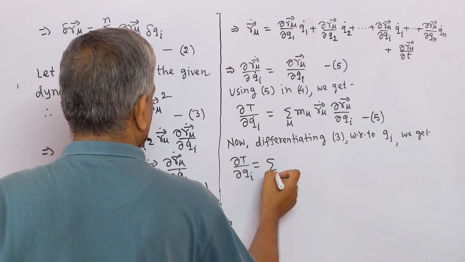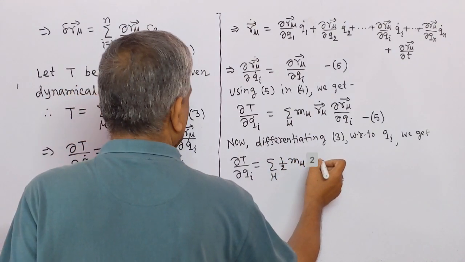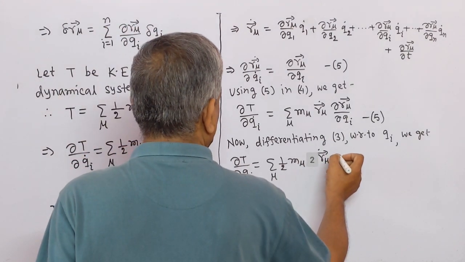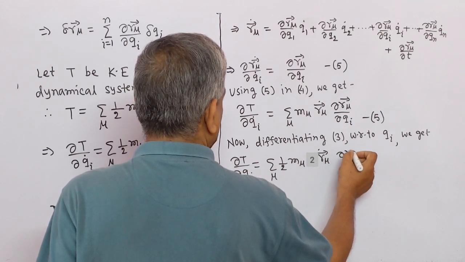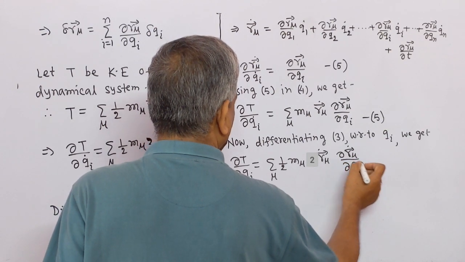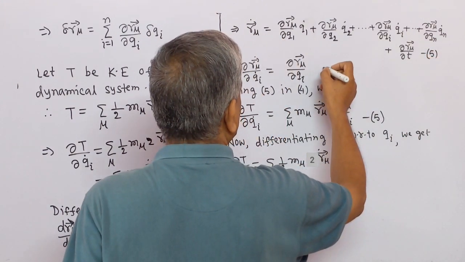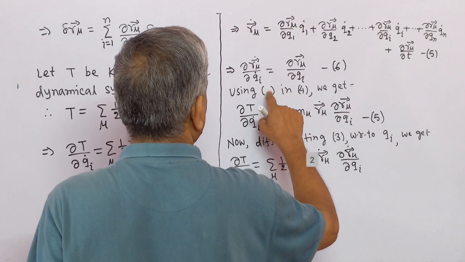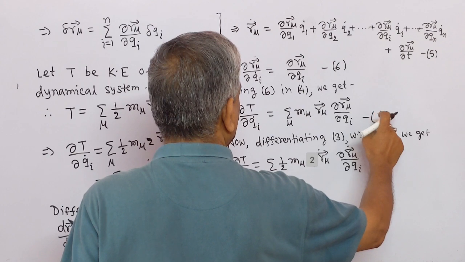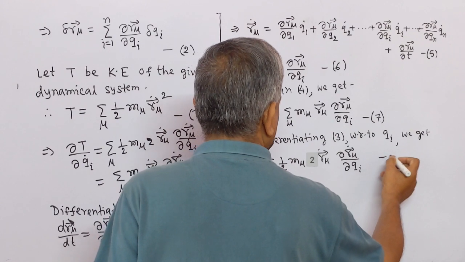This will be sigma mu half m mu r mu dot partial derivative of r mu dot with respect to qi. This is number 5, this is number 6. This is using 6 in 4, and this is number 7. This is number 8.